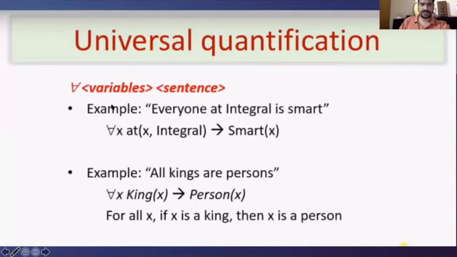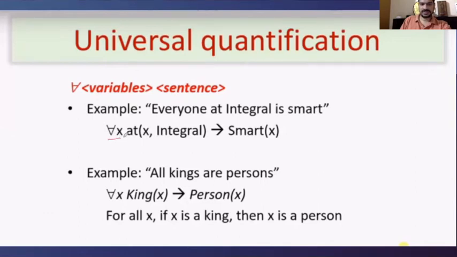Let's see some more examples with the universal quantifier. The first example is: everyone at integral is smart. If we have everyone or all in the sentence, we use the universal quantifier. So how can you write it?